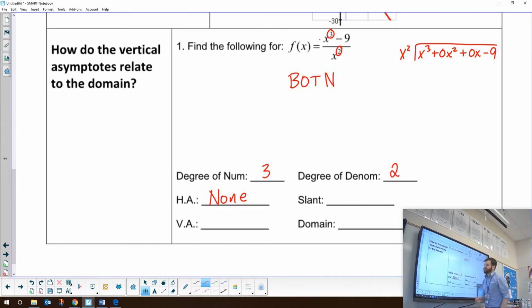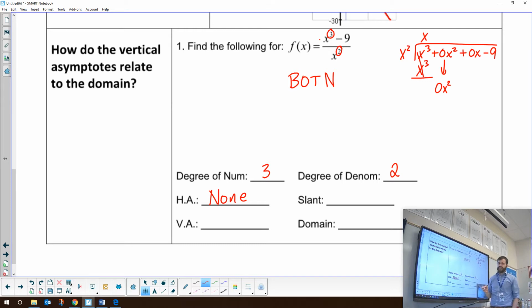So, x squared. To get from x squared to x cubed, what do I need to multiply by? I need to multiply by x. So I multiply by x here, and x squared times x is x cubed. Then we subtract x cubed minus x cubed. It cancels, that's 0. So we bring down my next number, which is 0x squared.